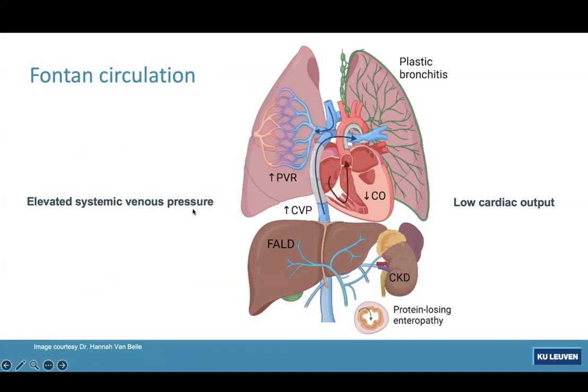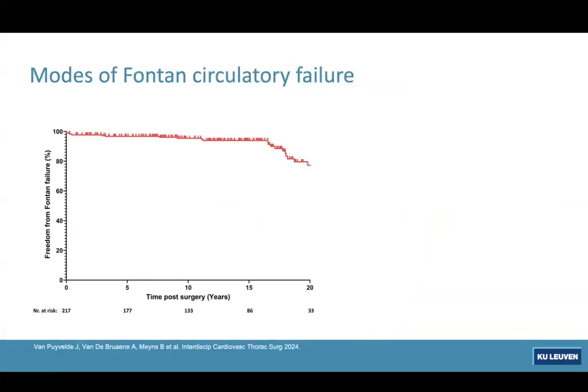But elevated systemic venous pressures in all Fontan patients, by definition, and a slightly lower cardiac output, especially during exercise, those are the two hallmarks of any Fontan circulation, but also the root cause of any issue that you'll see later on in those Fontan patients, be it plastic bronchitis, issues with pulmonary vascular resistance, issues with Fontan-associated liver disease, issues with chronic kidney disease, and issues with protein losing enteropathy.